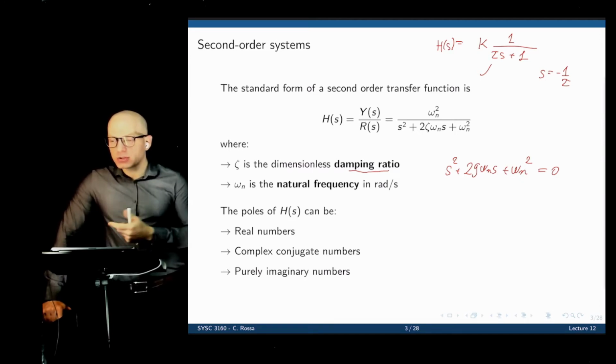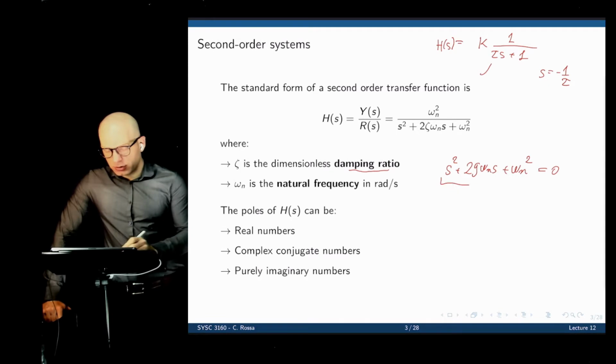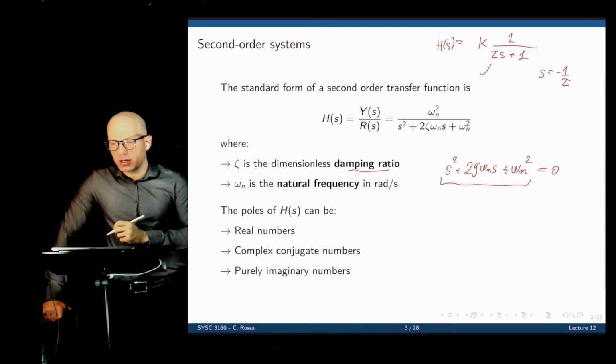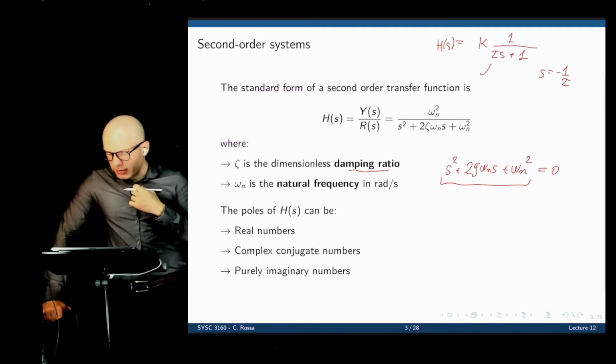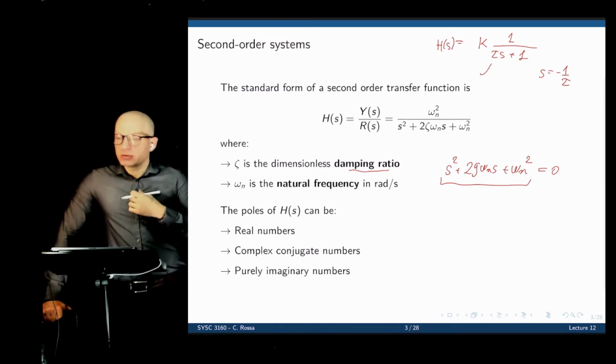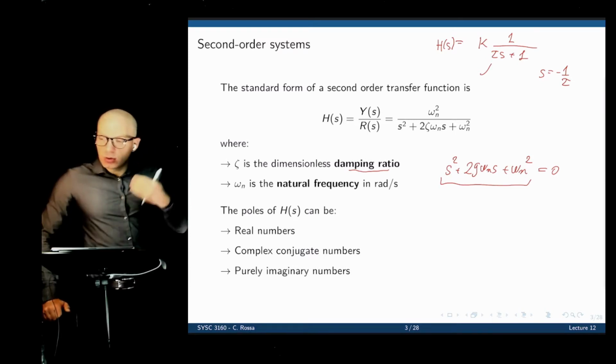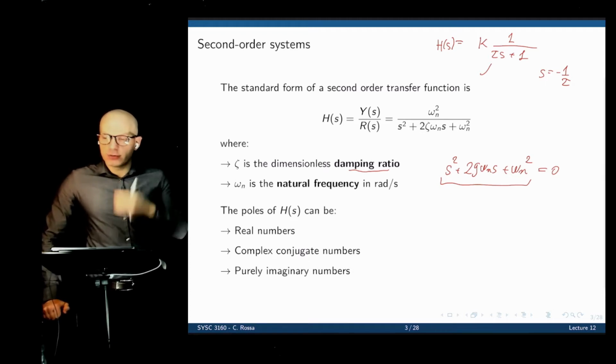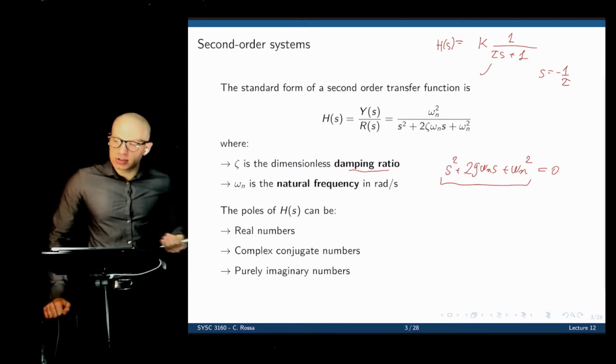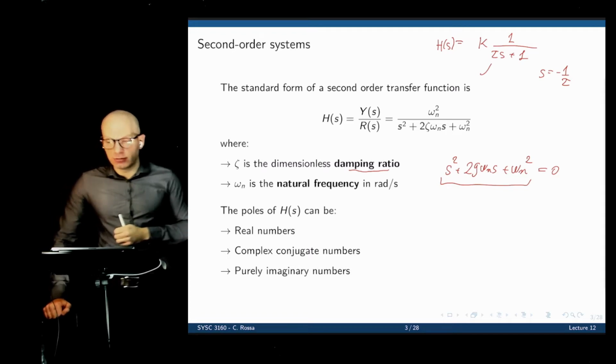We can have complex conjugate numbers, or we can have purely imaginary numbers. These values will depend now on the parameters omega n and zeta, specifically more on zeta than omega n. And of course, now that we have three distinct sets of poles, we will have three distinct temporal responses that can arise from the same transfer function.